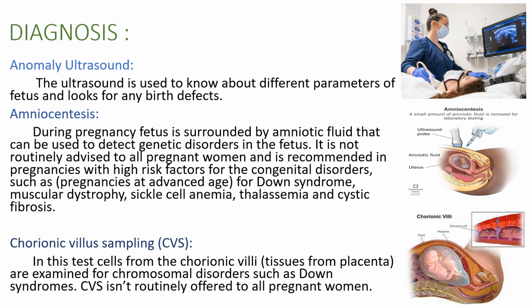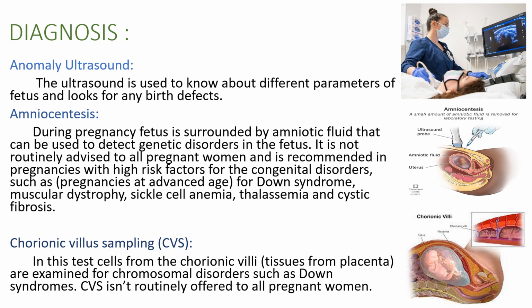It is not routinely advised to all pregnant women and is recommended in pregnancies with high risk factors for congenital disorders such as pregnancies at advanced age for Down syndrome, muscular dystrophy, sickle cell anemia, thalassemia, and cystic fibrosis.